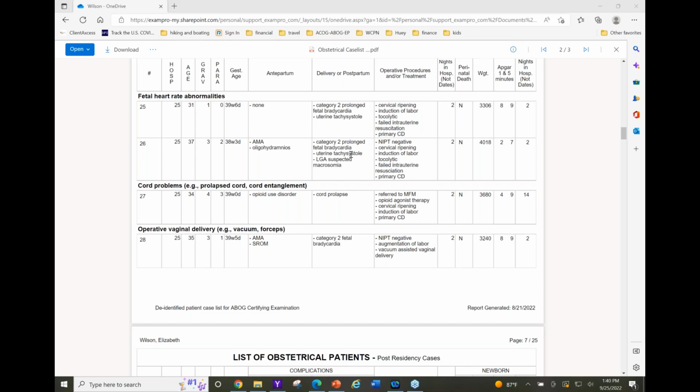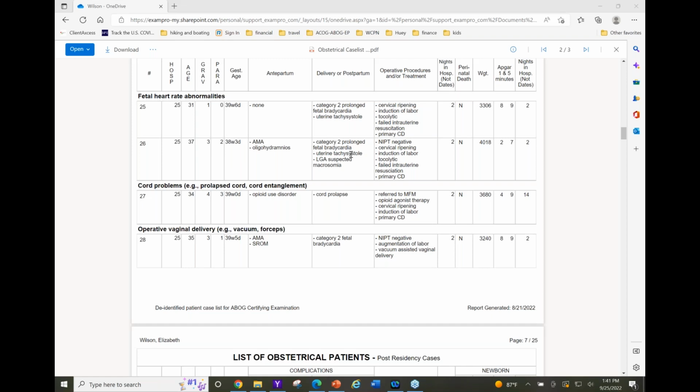In diagnosing oligohydramnios, what criteria do you use? A maximum vertical pocket of less than 2 centimeters. Okay, and then you went ahead and did an induction of labor. Yes. How did you do the induction?